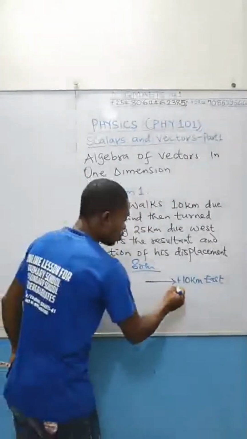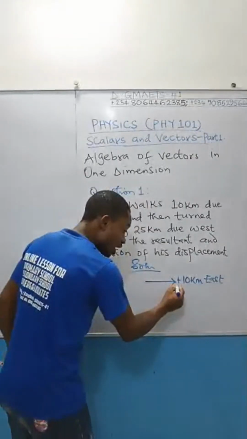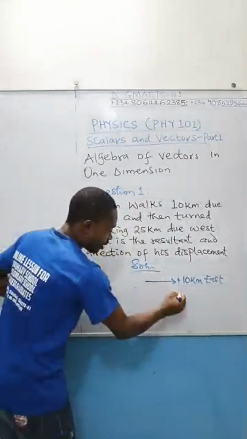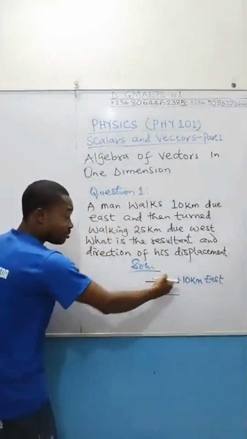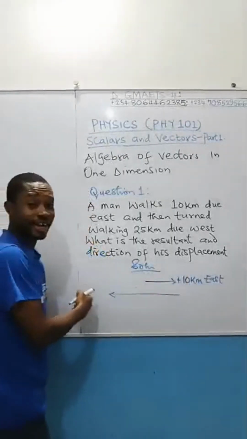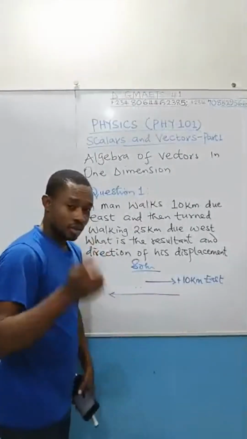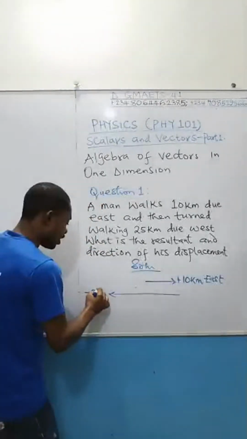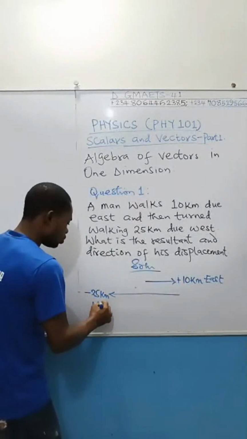And then the man now walks from this position, turning and walking along the straight line again. Don't mind me that I am drawing it down. The man maintained this line, just turned and then walked straight backward again. So you take note of that. 25 kilometers. This will be negative 25 kilometers because it's going west.